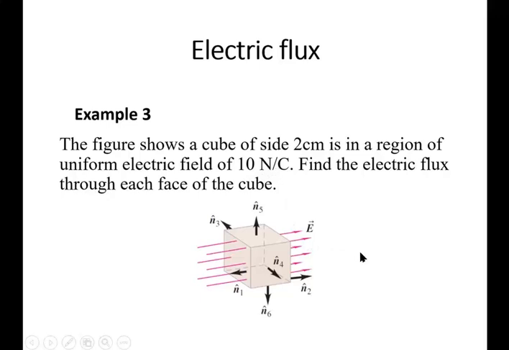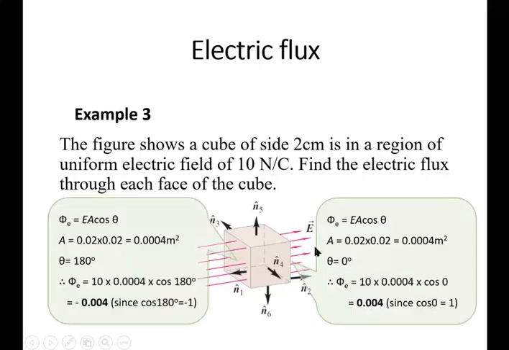How do we find the flux? Again, we use our usual concept. That's the flux being the product of the electric field and the area cos theta. There are no vectors given to us, so we don't worry ourselves with vectors now. We just need to see the field through which surface.